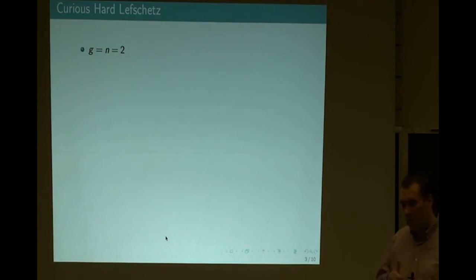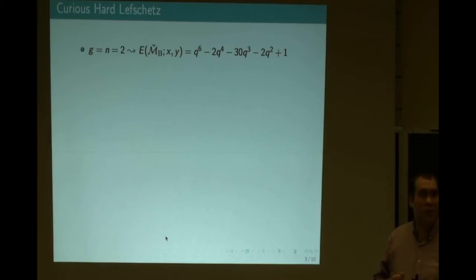And you remember what we are doing, we calculate everything with these character formulas along the irreducible characters of SL2(Fq). And then what we find, in this case, is that the E polynomial, where q is equal to x times y, has this shape.